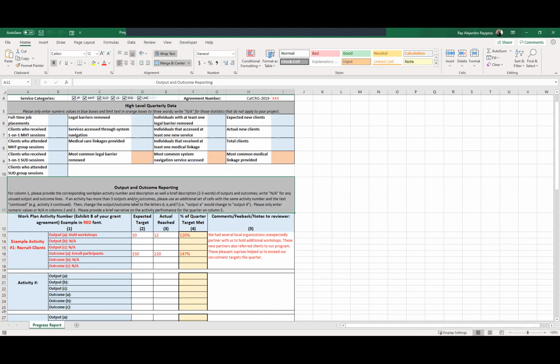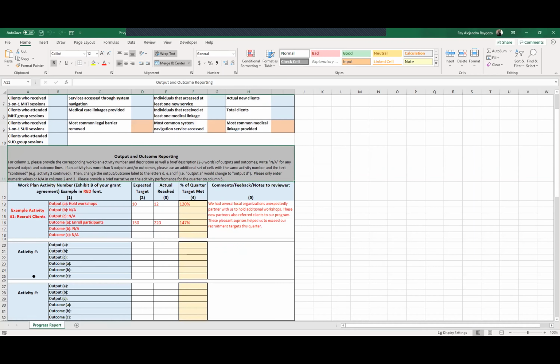So in the first column, you enter the work plan activity. The work plan activity number that corresponds to the work plan. Once again, the work plan is going to be your best friend. So I would have it next to me, and I would look at it as I go through this exercise.